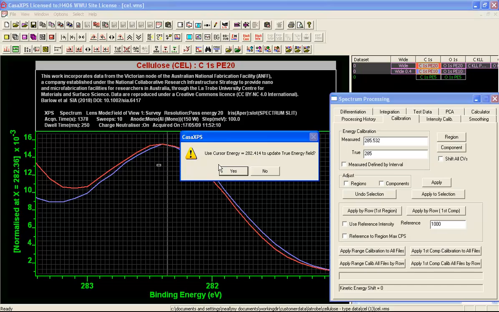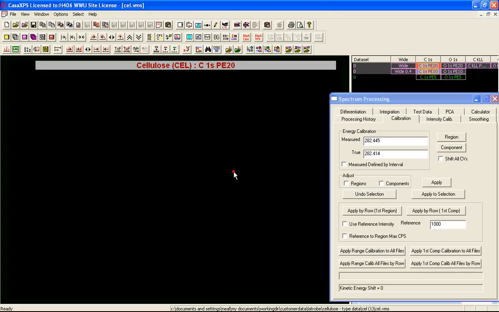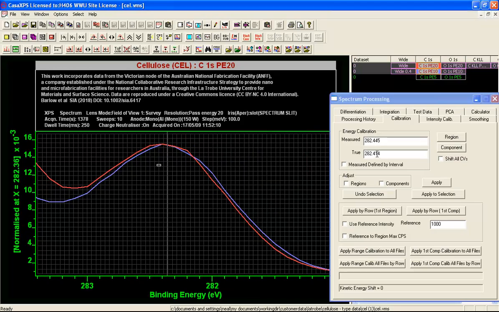The values are calculated from the cursor actions and when I say yes, they're updated here on the energy calibration measured and true values. Using these two values, when I press apply, then the first spectrum that was selected when these two were overlaid, namely the pass energy 20, will be shifted relative to the one that is blue, that was the second one selected.